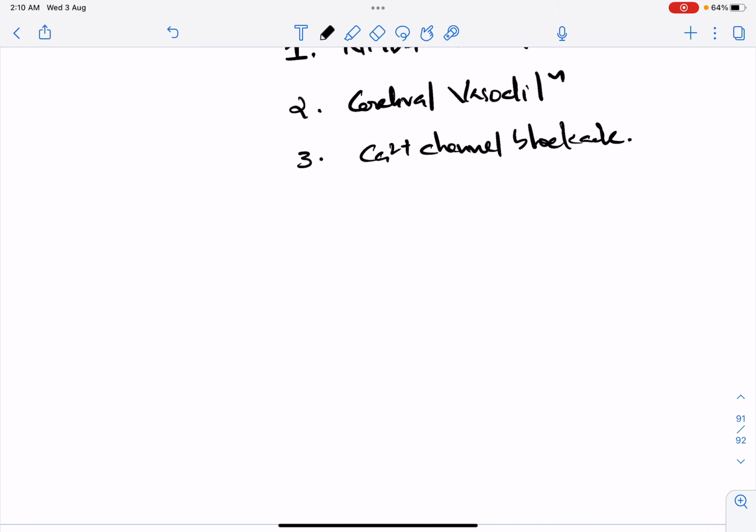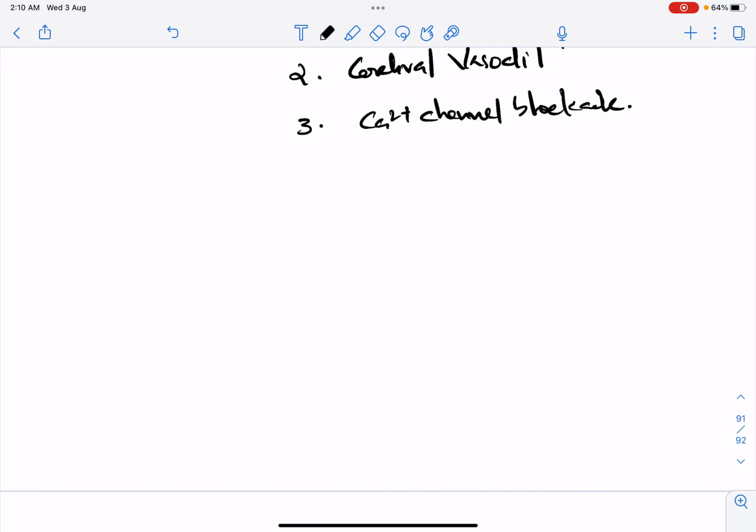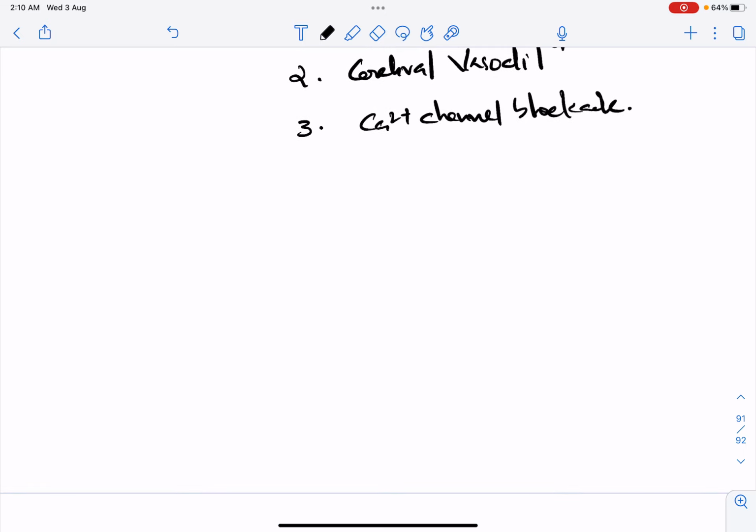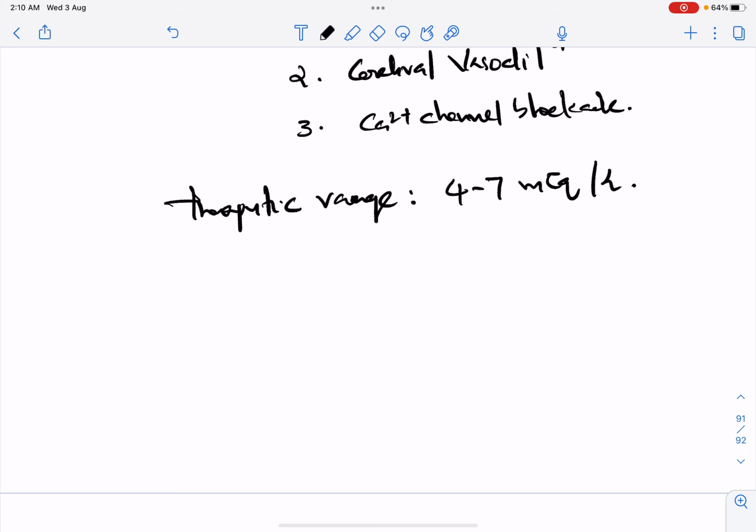Okay, now while you are giving MgSO4 as infusion in a patient with eclampsia, you have to monitor certain things, because the therapeutic range of MgSO4 is 4 to 7 milliequivalent per liter.